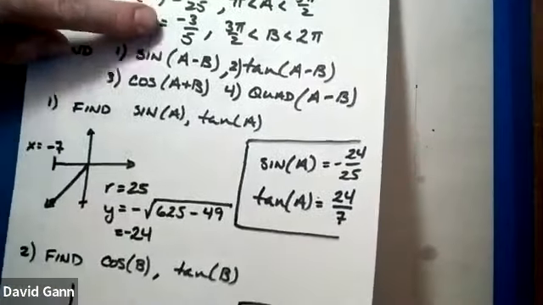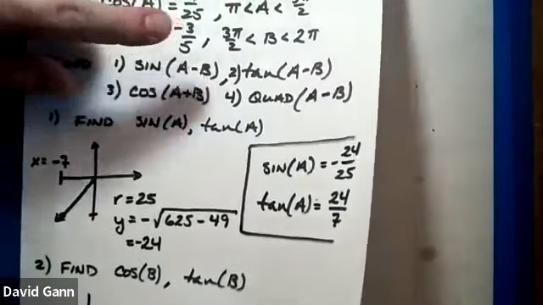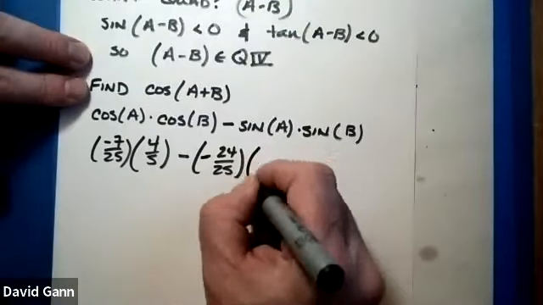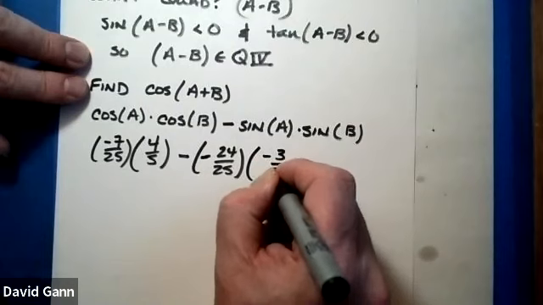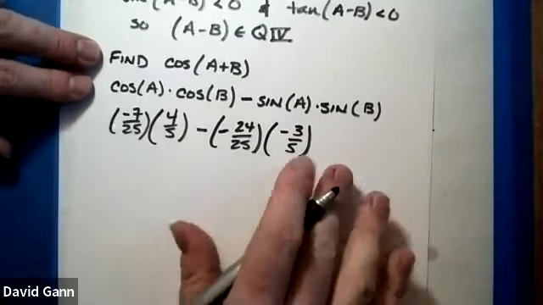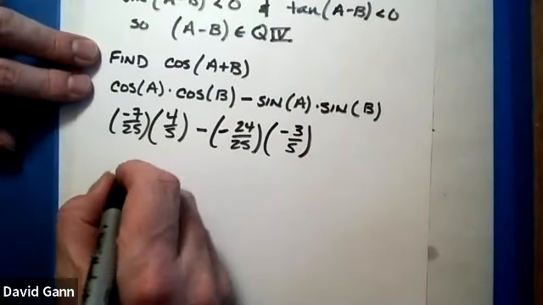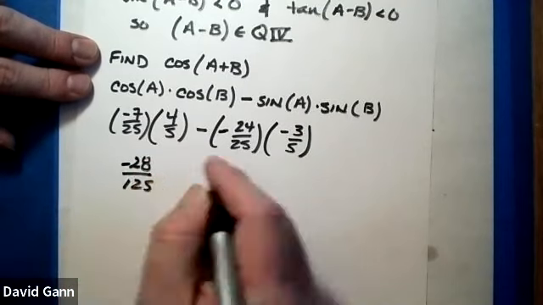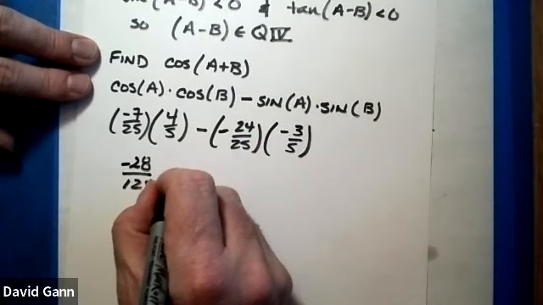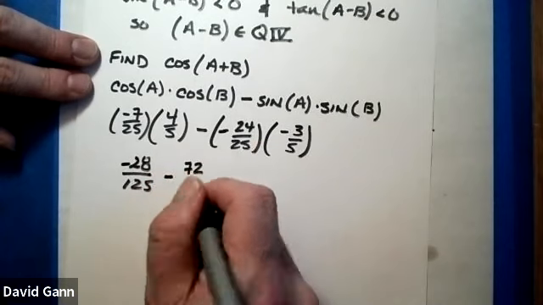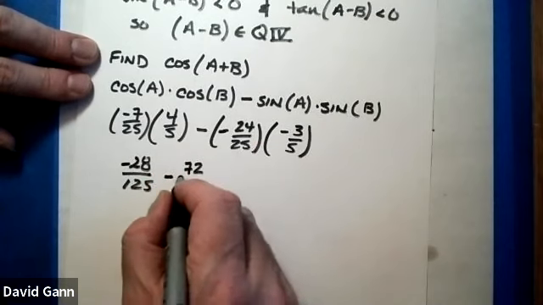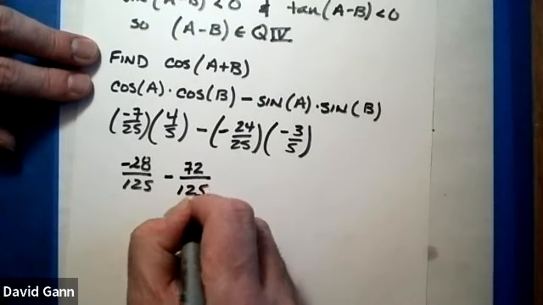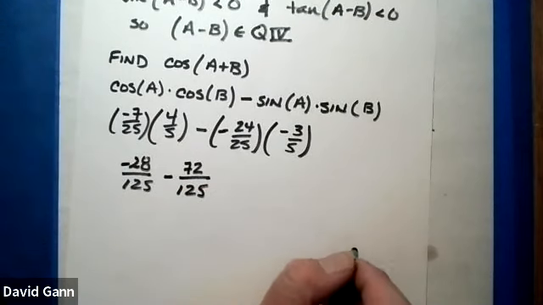Finally, sine of B was given in the original problem, which is minus 3 over 5. So multiplying everything out, we have minus 28 over 125. Minus, minus, minus, so this would be minus 72 over 125, which I'll be dipped.